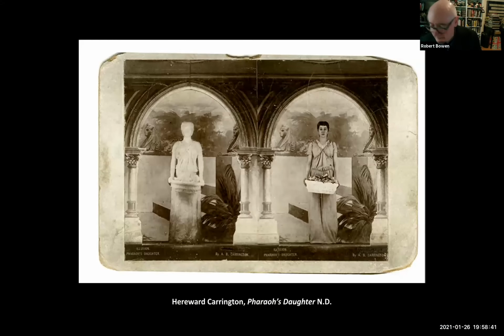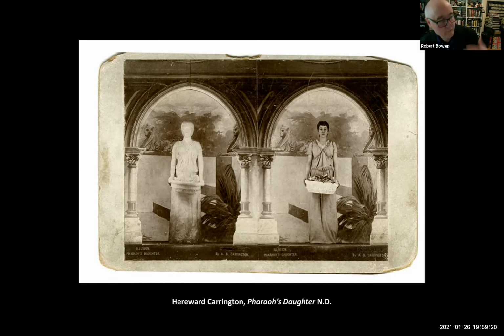Okay. This is later, but it's another illusion of motion. And it's sort of the calling card of a stage magician whose name is Hereward Carrington. It's the famous story of the statue that comes to life, right? In this case, he's calling it Pharaoh's daughter to add an Egyptian design quality to it.